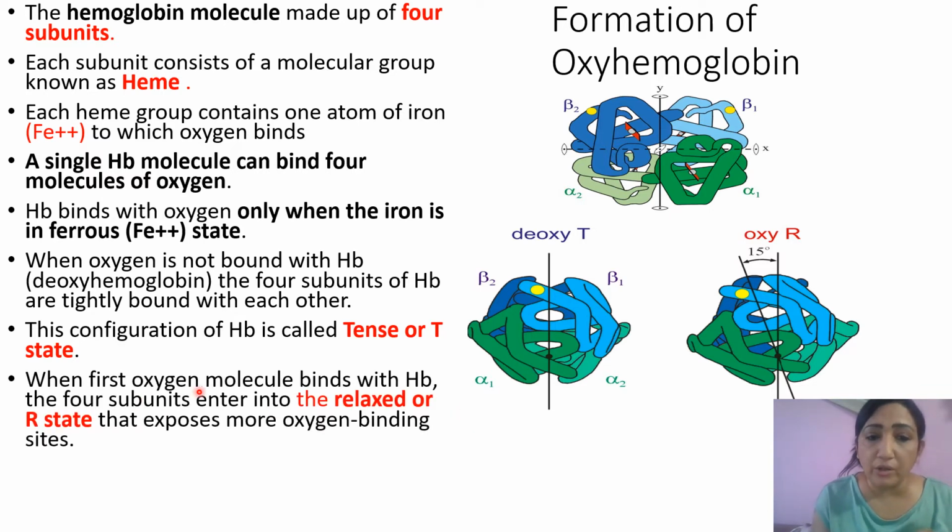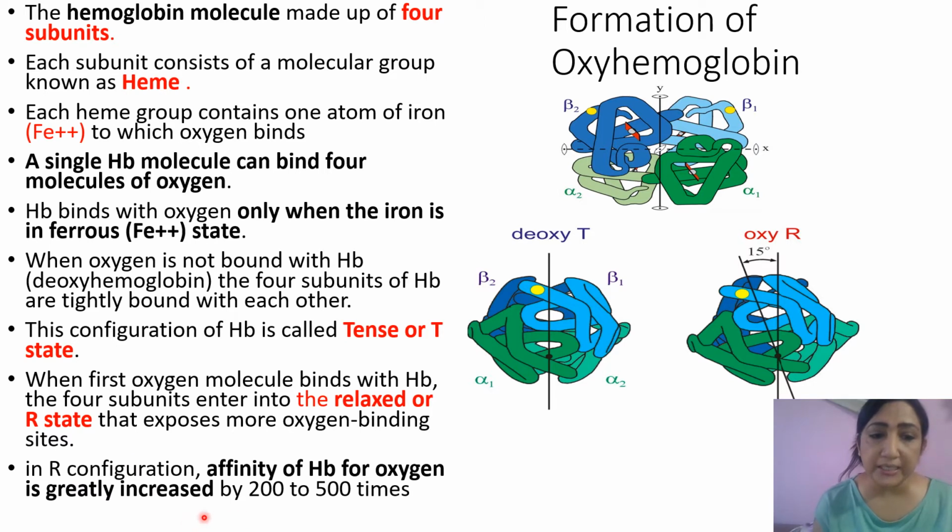When the first oxygen molecule binds, the 4 subunits enter into the relaxed state. Before it was tense, then after binding oxygen one by one it becomes relaxed, and due to the conformational change, the angle between the polypeptide chains relaxes by 15 degrees, and this state is called the R state.